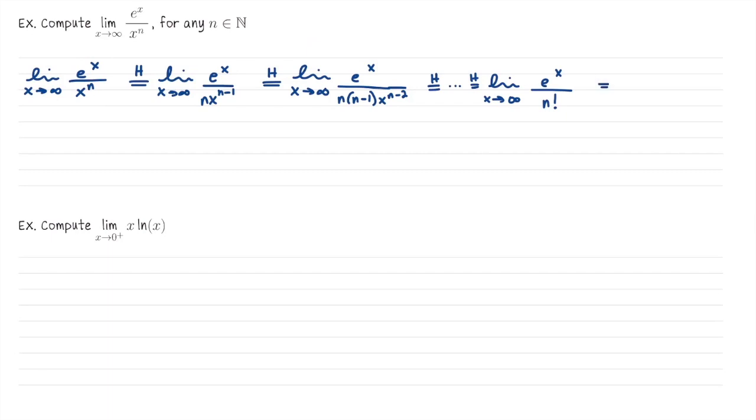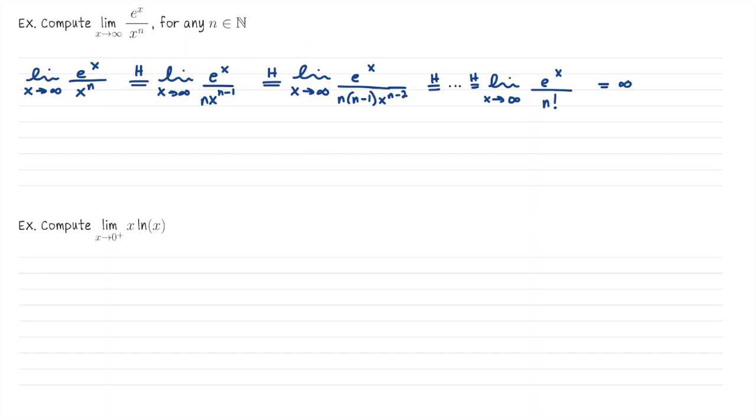So overall, this goes to infinity. What this tells us is that if I take e to the x and divide it by any polynomial, that's going to go to infinity. In other words, the exponential function grows much faster than a polynomial. So when people say, oh, is this exponential growth? Is this polynomial growth? The idea is that exponential growth is just a much faster type of growth.